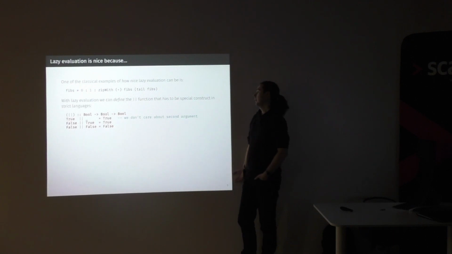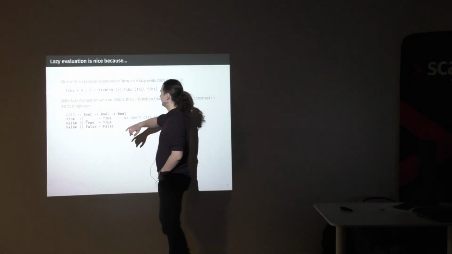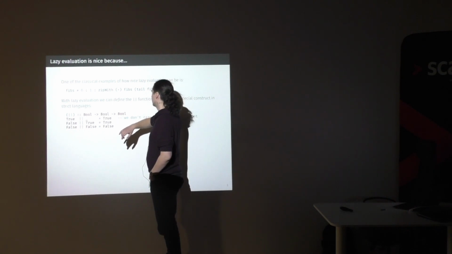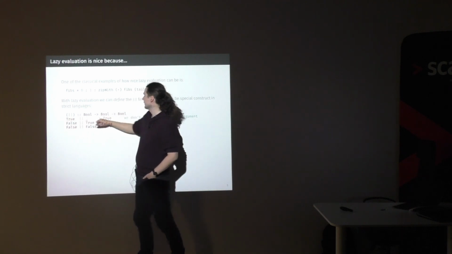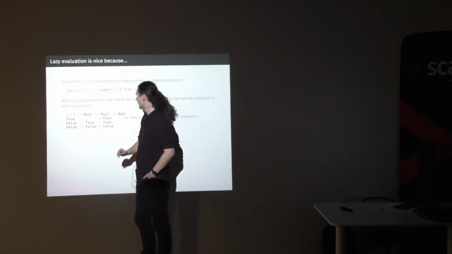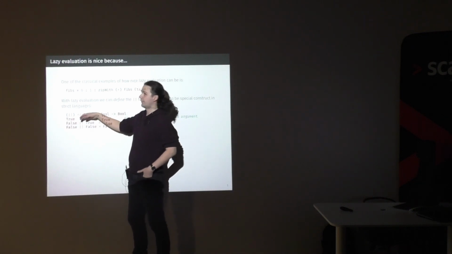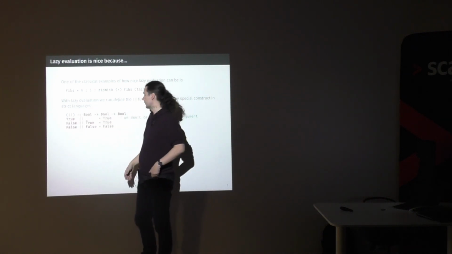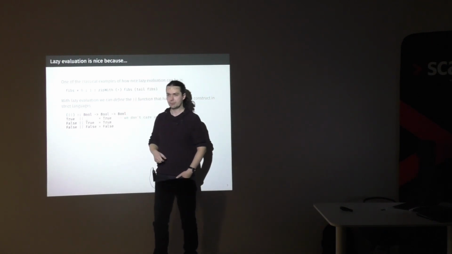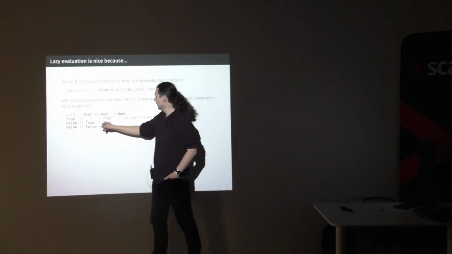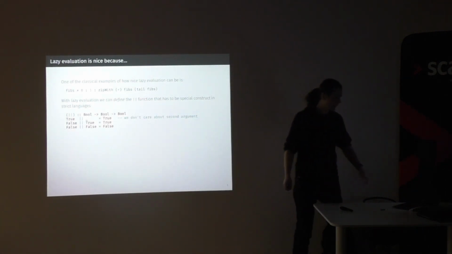Thanks to lazy evaluation, we don't need that. Basically, the first line of the definition means that whenever the first predicate is true, this can be a function that evaluates to true, of course, or some big function, we don't care about the second. We just return true. So whatever was here will not be evaluated.